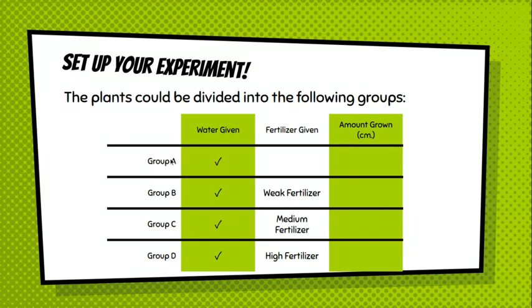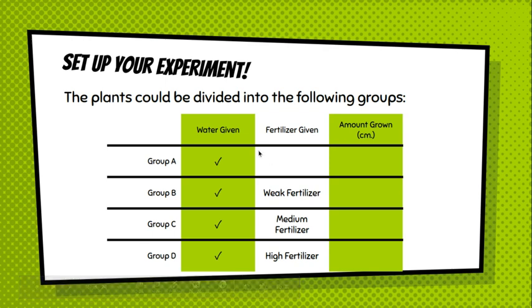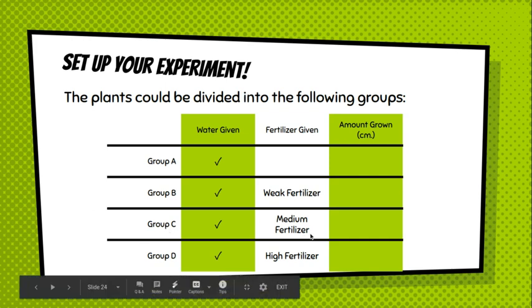Group A is only going to be given water, no fertilizer, and obviously this is the beginning, so we don't know how much it has grown. But group A is only getting water. Group B is going to be getting weak fertilizer, or a small amount. Group C is getting medium fertilizer, or a medium amount. And group D is getting a high concentration of fertilizer, or a large amount.